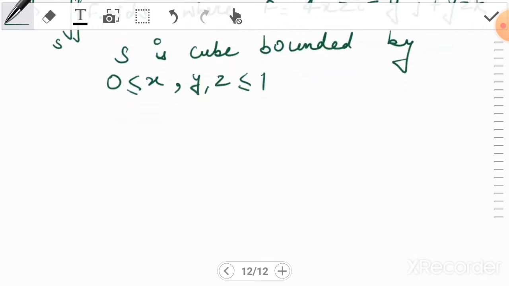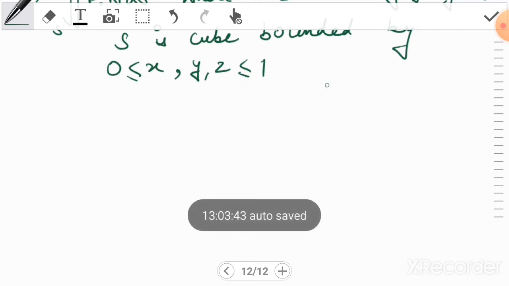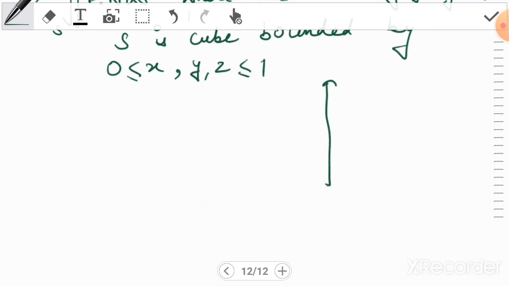So let us draw the cube in xyz space, with x, y and z axes.